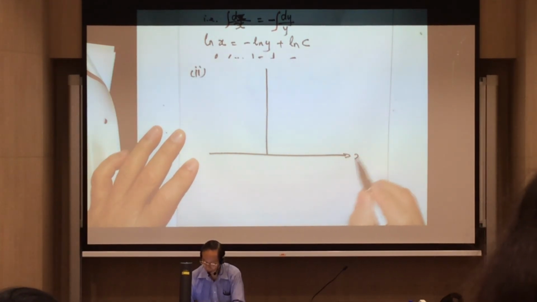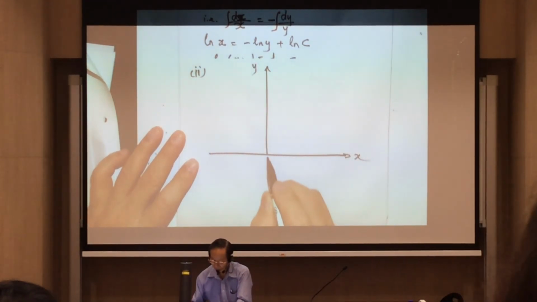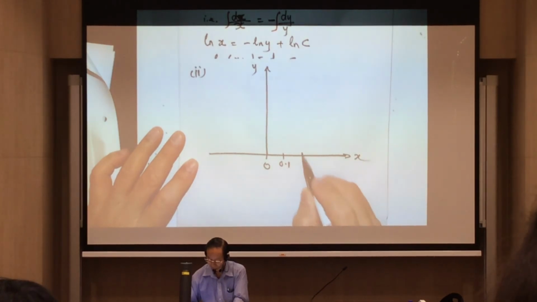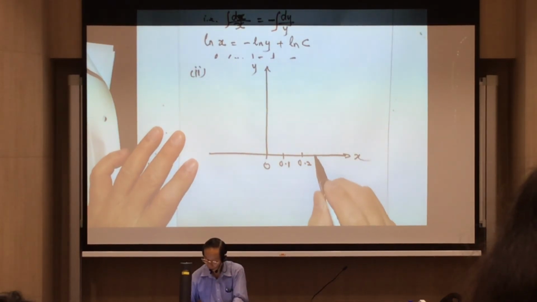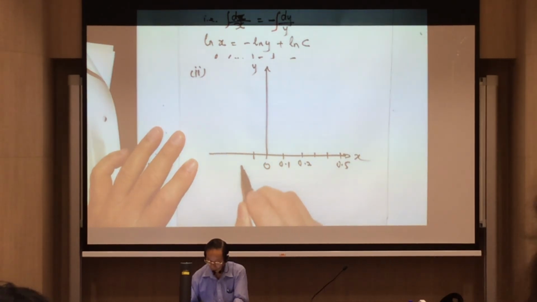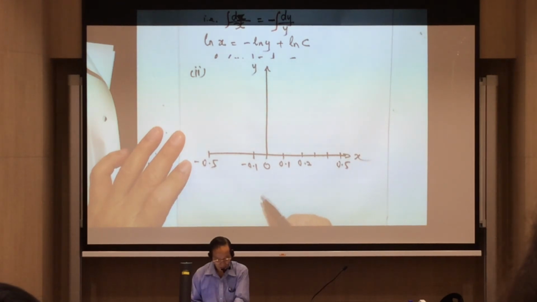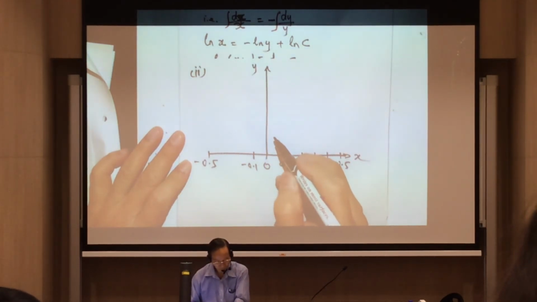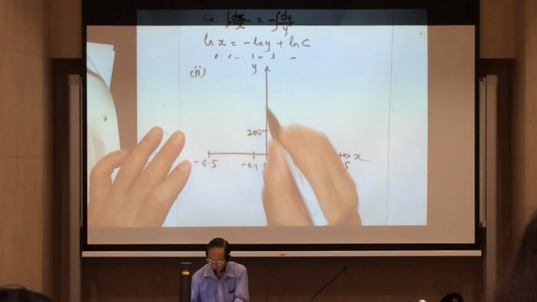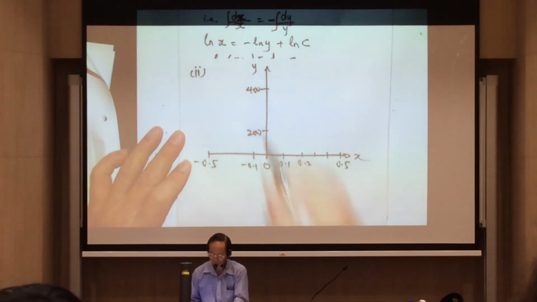This is your X and this is your Y. This is, for example, 0, and it can be 0.1, 0.2, 0.3, 0.4, 0.5, minus 0.1, minus 0.5. And you can go right up to 200, 400, and even 600, up to you.